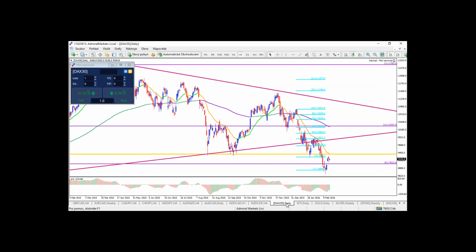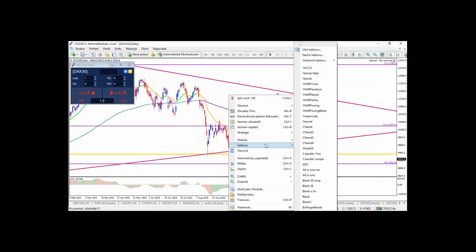This is how the chart looks like with only one moving average, but you can see it looks different. And it's not bad, but personally, I like the bands more.